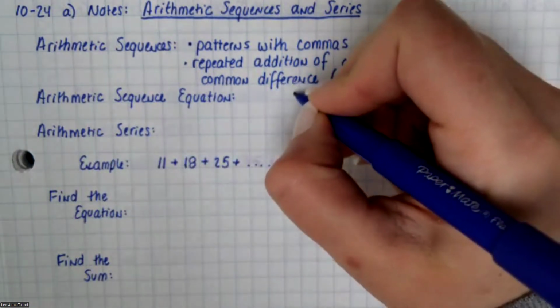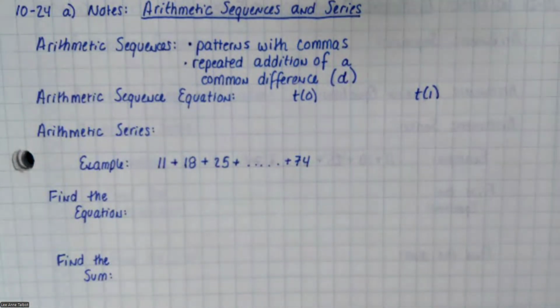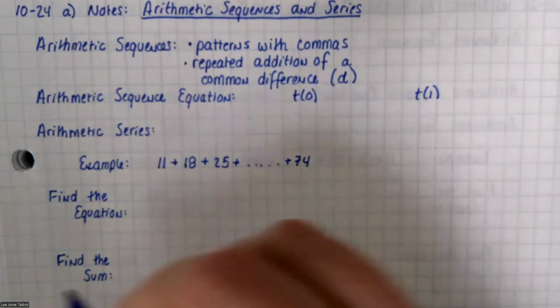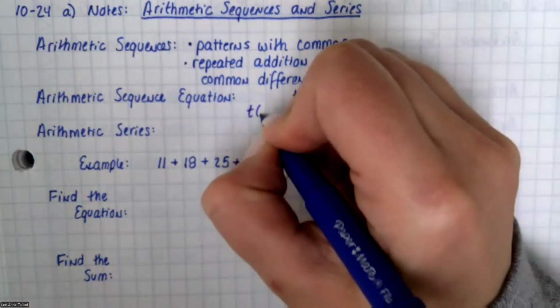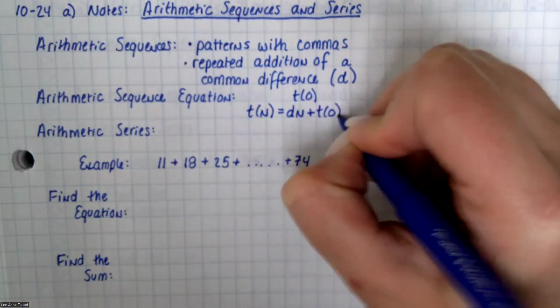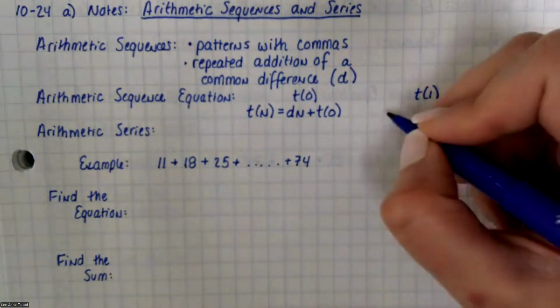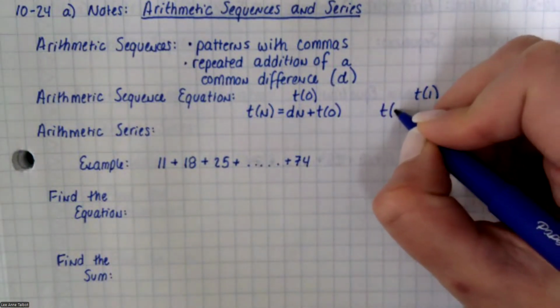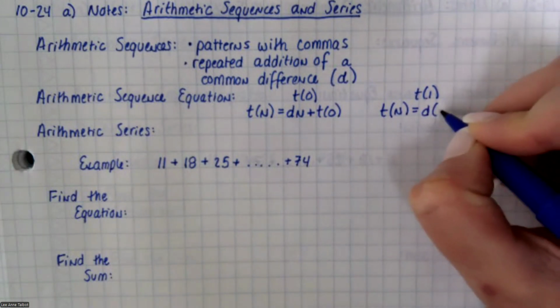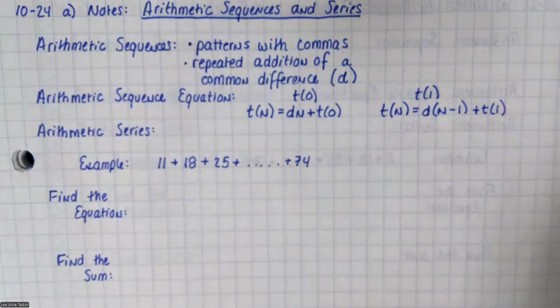We're going to do it with term 0 and term 1. Most of the time you can choose. Sometimes you can't. As you've seen, we have no ability to get term 0, so we have to use the term 1 equation. Term 0 is T of n equals D n plus T0. And in terms of term 1, T of n equals D times (n minus 1) plus T1.